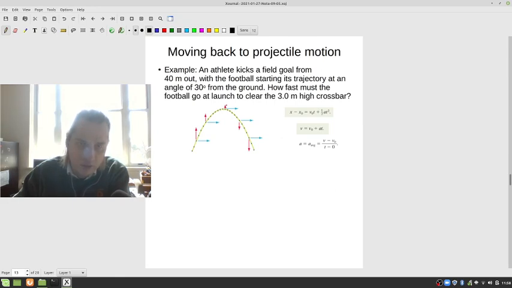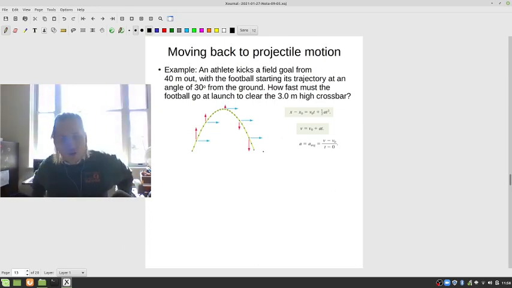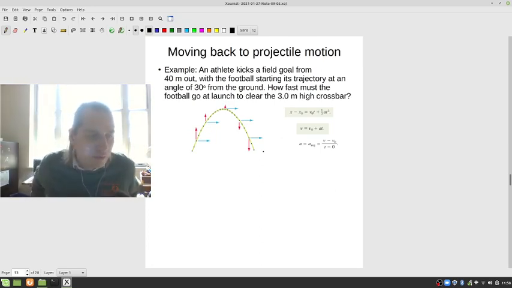Essentially, that goes down to 0 at the top because it's turning around in the y direction and starts coming down. So we have accelerated motion in the y direction, constant velocity motion in the x direction. I'm not going to fully solve this problem because the algebra gets a little tricky, but I want you to understand how this works.